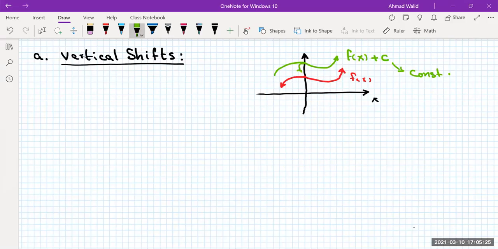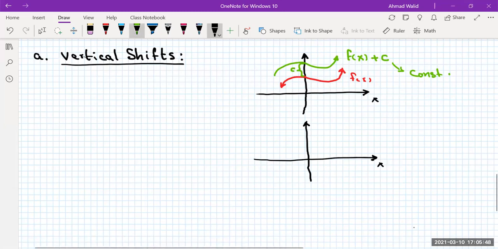You shifted your graph vertically C units upward, correct? Or the same function or same shape.